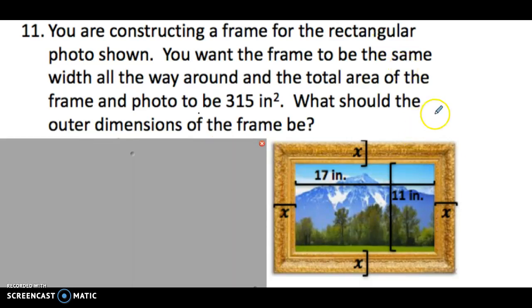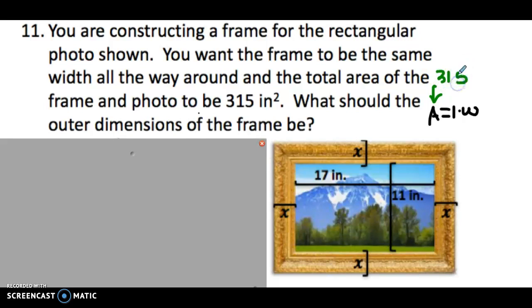Okay, so remember, if we want the total area of this photo plus the frame to be 315 square inches, remember area is equal to length times width. And the problem tells you that you want the area to be 315.